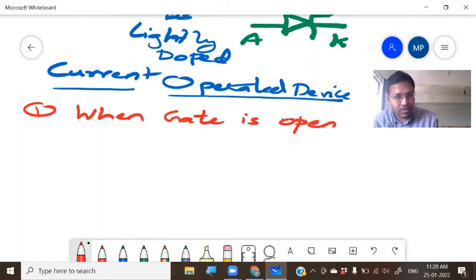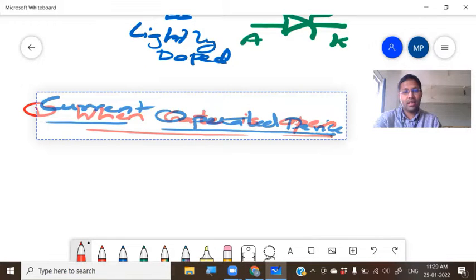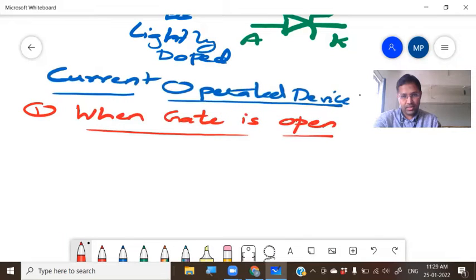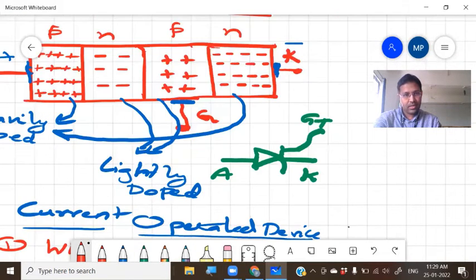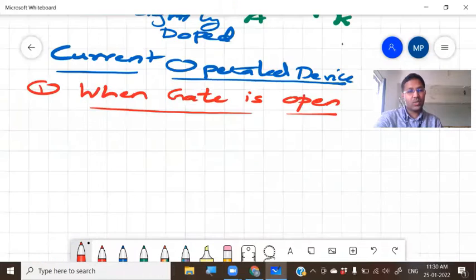What do we mean by gate open? It means we don't connect anything to the gate, whereas we connect supply at anode and cathode. That is what we mean by gate is open.